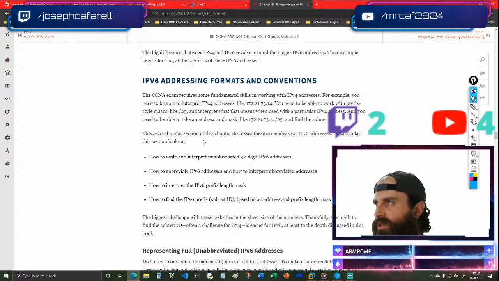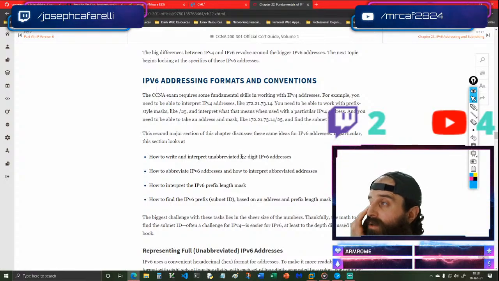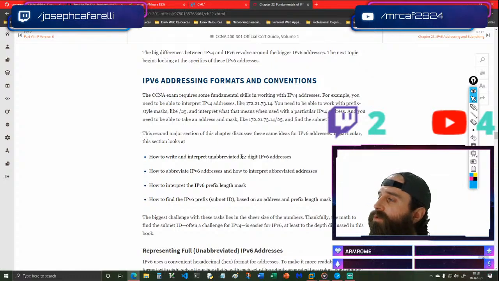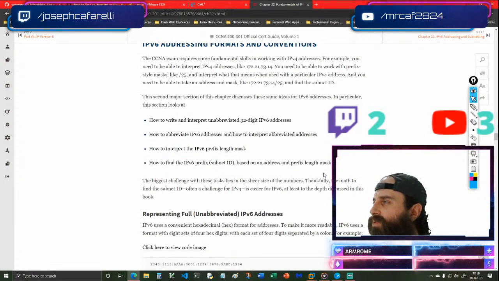The second major section of this chapter discusses the same ideas for IPv6. In particular, this section looks at how to write and interpret an abbreviated 128-bit IPv6 address, how to abbreviate an IPv6 address, how to interpret the abbreviated address, how to interpret the prefix length mask, and how to find the IPv6 prefix subnet ID based on an address and prefix length mask.